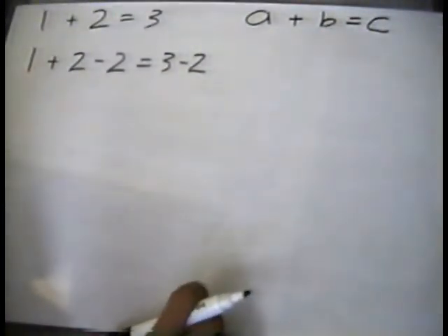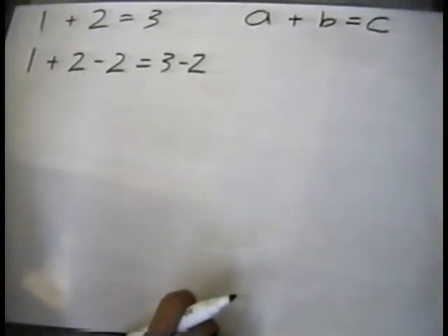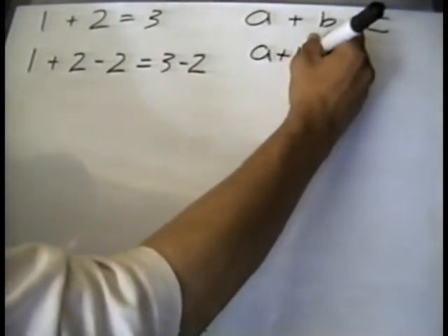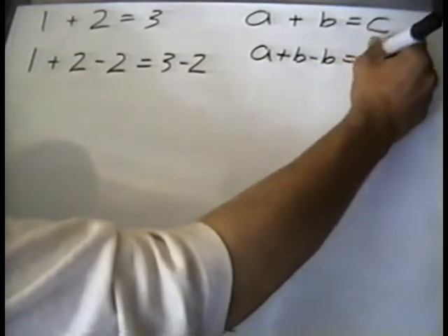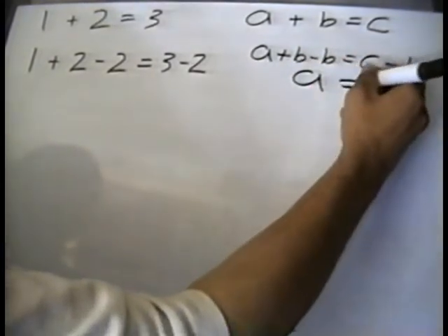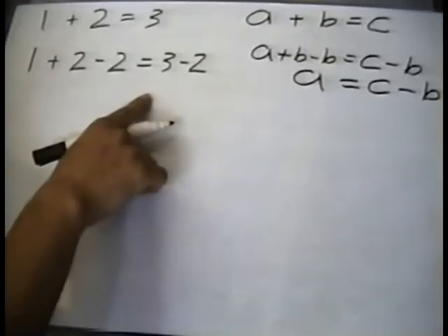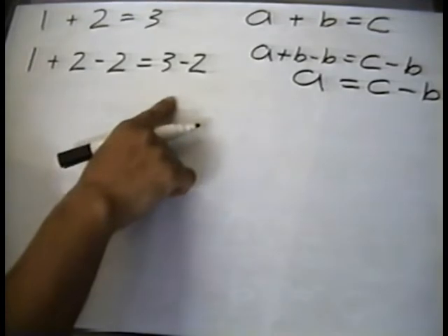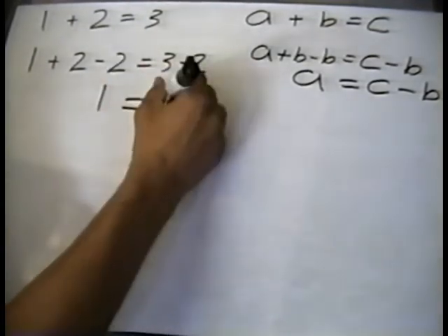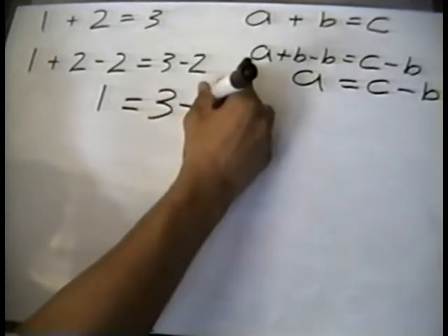If you look at what we're doing with the different positions, B here on the right is in the same position as this 2, so over here we're going to subtract B from both sides. Okay? A equals C minus B.